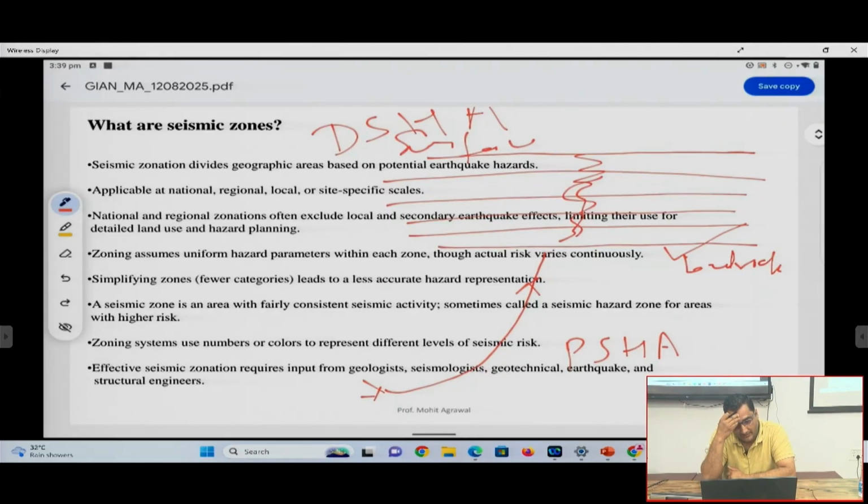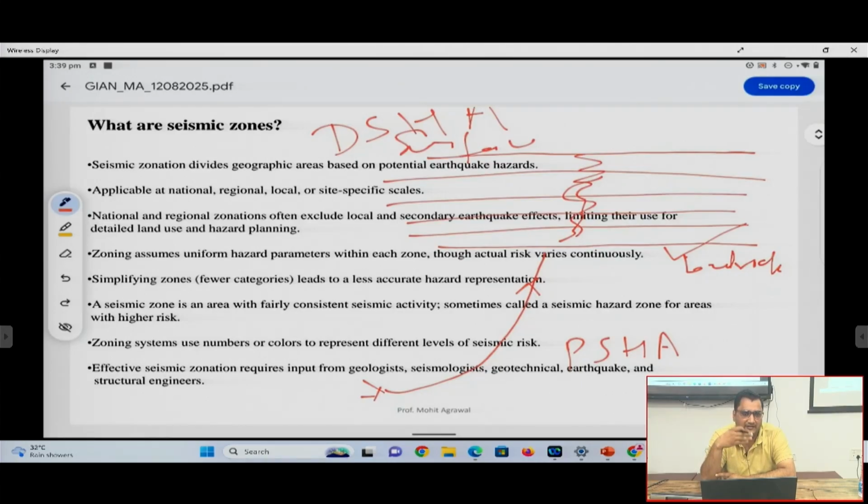So zoning assumes uniform hazard parameters within each zone, though actual risk varies continuously. If you look at the zoning of India, only 4 zones are identified, starting from 2nd to 5th. For zoning purposes, you need to have a minimum number of zones, because you want a simplified representation of your hazard value.